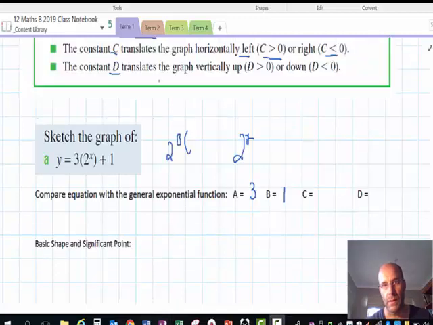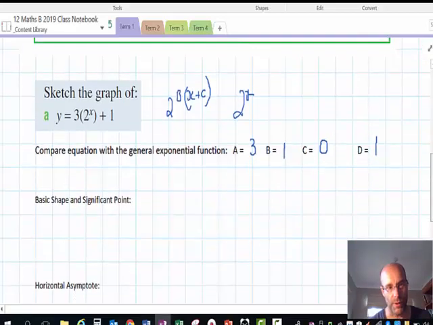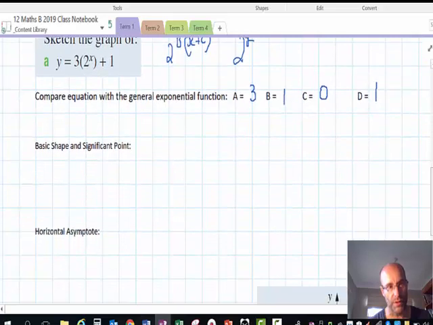Now C, if we write in the full form of the general form, we can see that C is 0. There's nothing there in print, so C is 0 and D is clearly 1. So that's important.